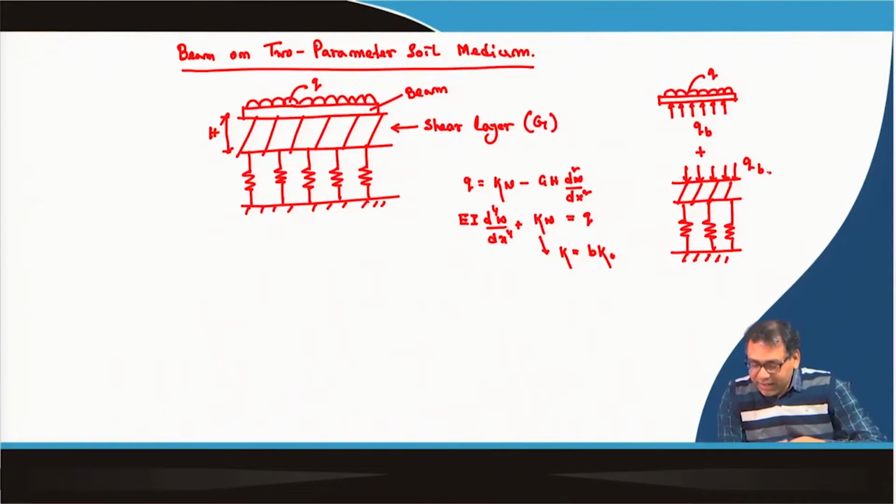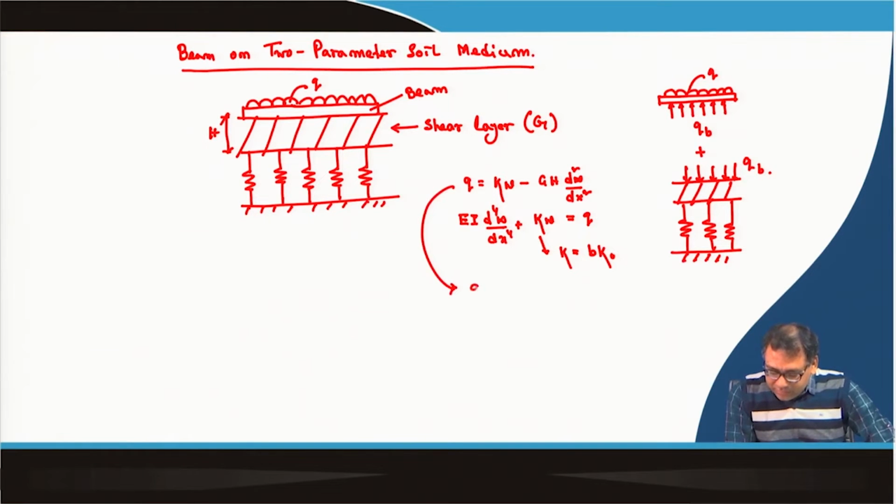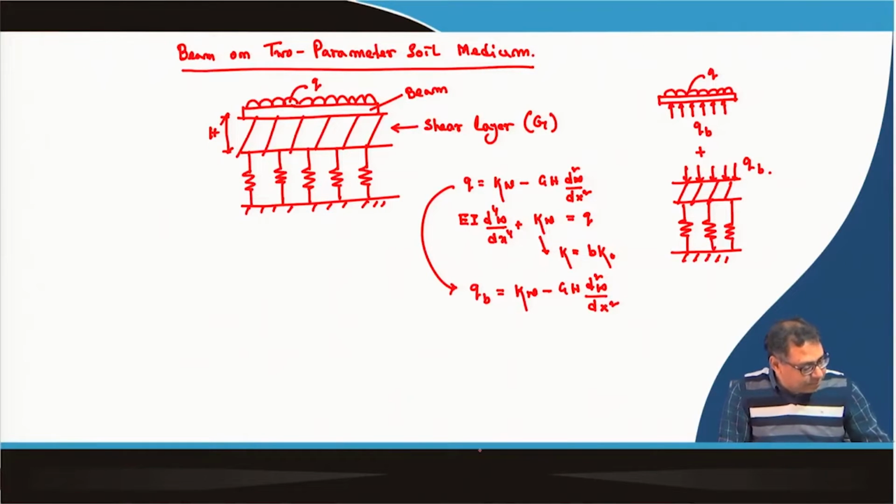Now if I write this equation, for the two parameter model I can write QB is equal to KW minus GH d square W dx square. And for the beam, these equations will be, because this is the reaction which is nothing but K into W. In the actual beam problem I am writing K into W, that is nothing but this reaction QB.